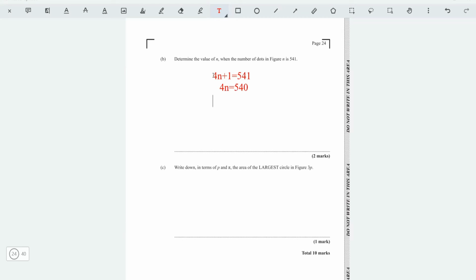Divide through by 4. I'll get n is equal to 540 divided by 4. 540 divided by 4 is 135. So you can tell them that the value of n is 135. So that would be figure 135 with 541 dots. I don't need to say anything more. That's the answer.